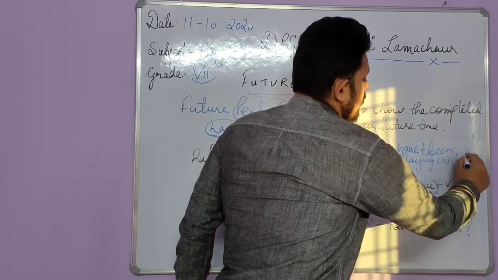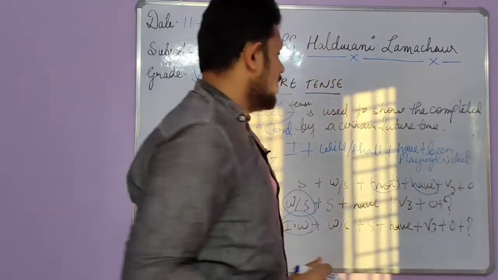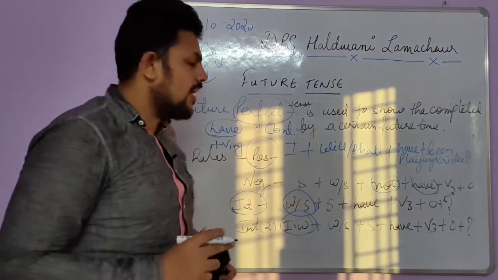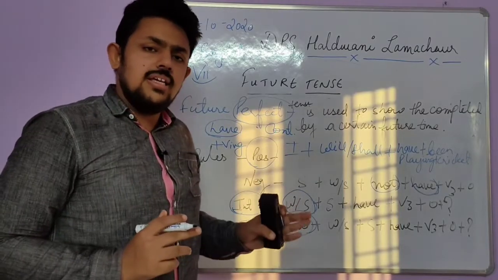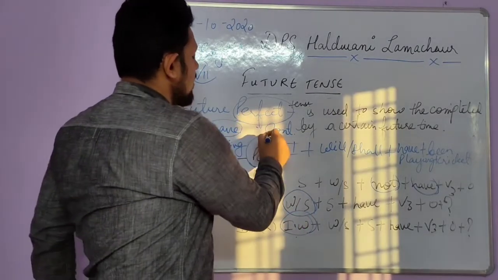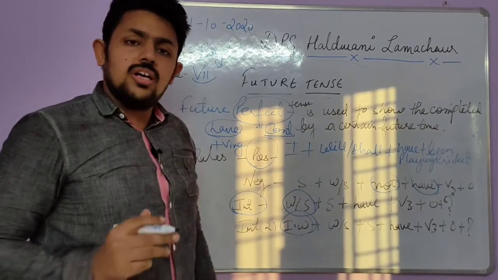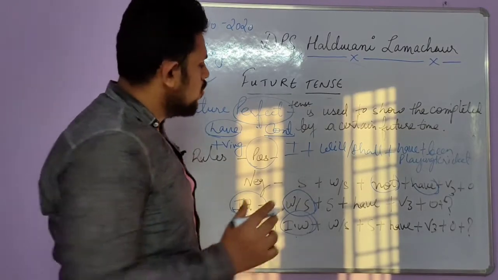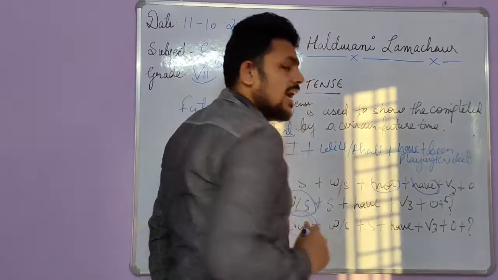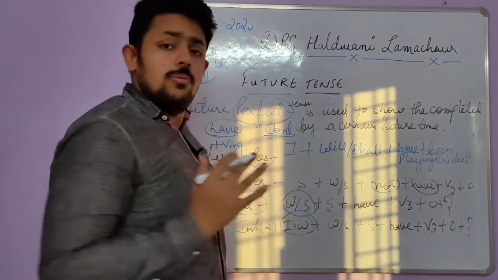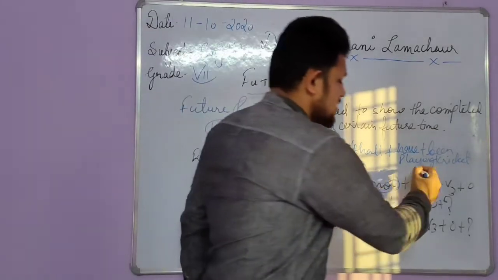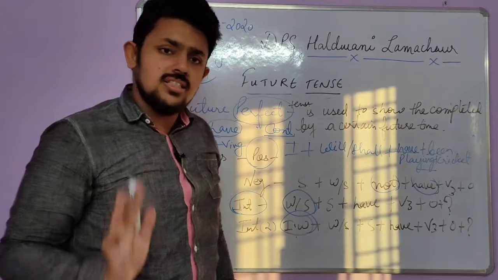One more thing you have to do here. What will be the change that you will make here? See, the structure is very easy. In the future perfect continuous tense, you use have and you use the word been and you use the ing form. This is correct. This is fine.